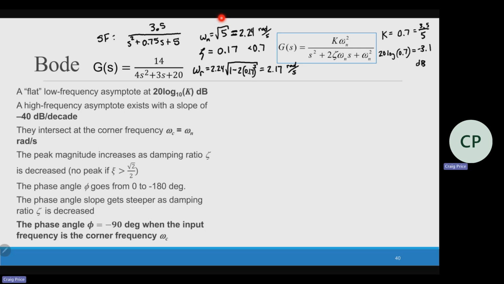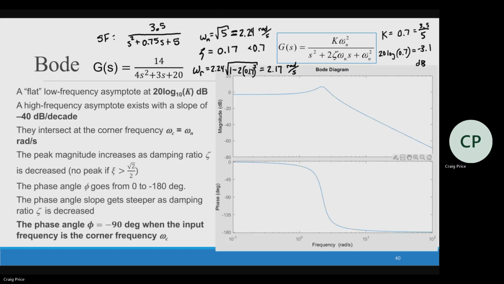Okay? So if I take this transfer function and I plot it using MATLAB, we know that we start at -3. So this is 1, this is 2. So around 2.2 is where we hit the halfway point, and that is where those two lines intersect, the natural frequency.